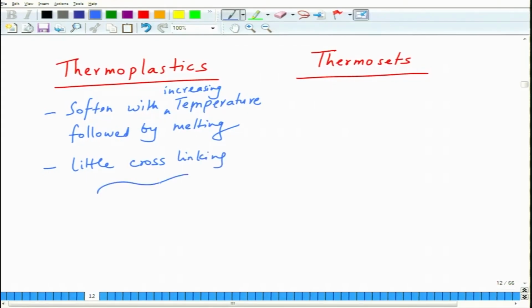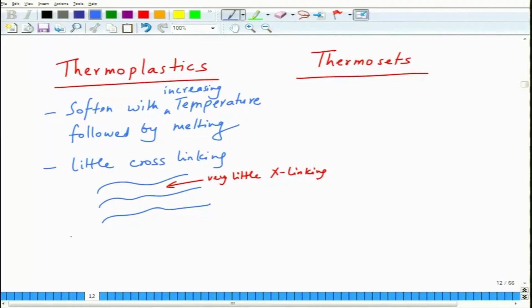So, if you have chains of polymers, there is very little cross linking.